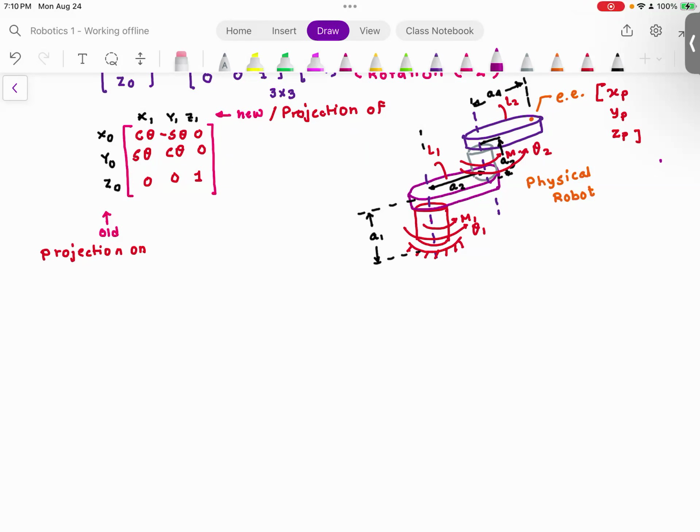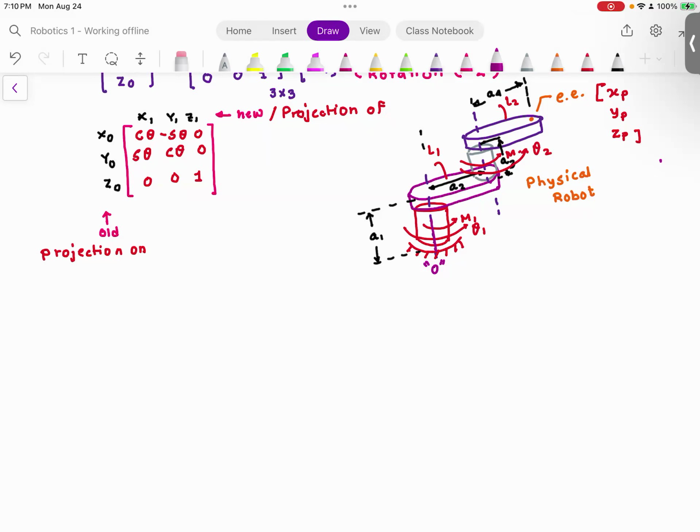So I'm going to say this is my coordinate frame, the 0 coordinate frame. With respect to the base frame, I want to find xp, yp, and zp given the values of θ1 and θ2. Everyone understood this? This is going to be the forward kinematics problem.